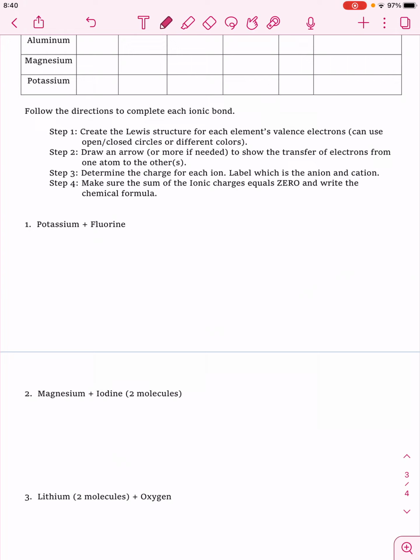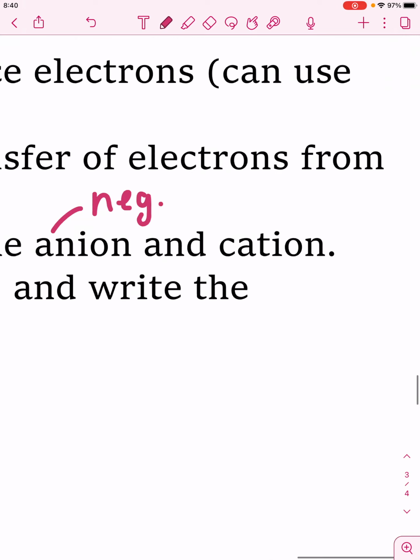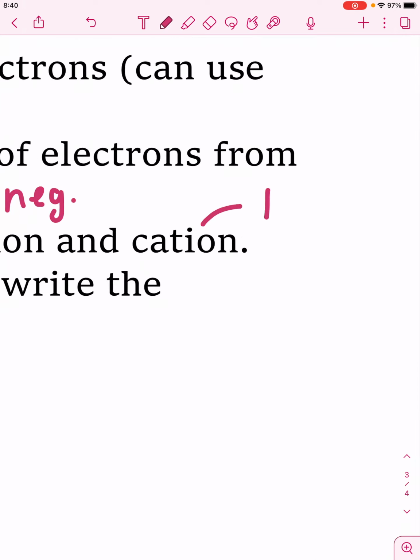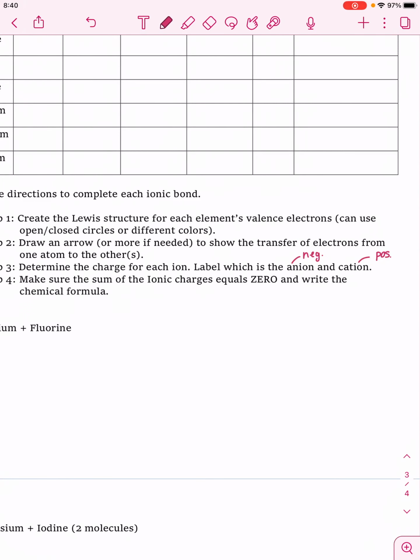Again, anions are going to be the ones that are negative, and cations are positive. And then make sure the sum of the ionic charges equals 0, write the chemical formula. So basically all that means is that if you have a +2, you want to make sure that your negative charges add up to -2, okay?